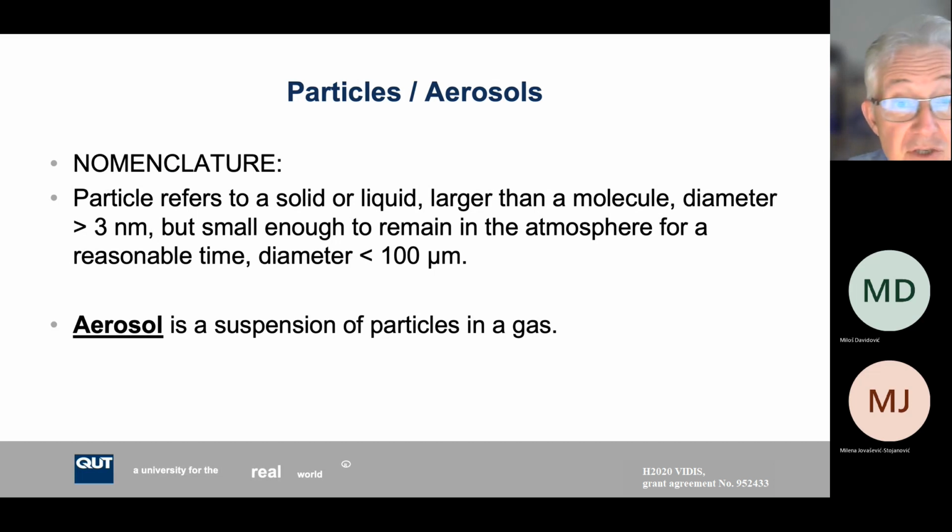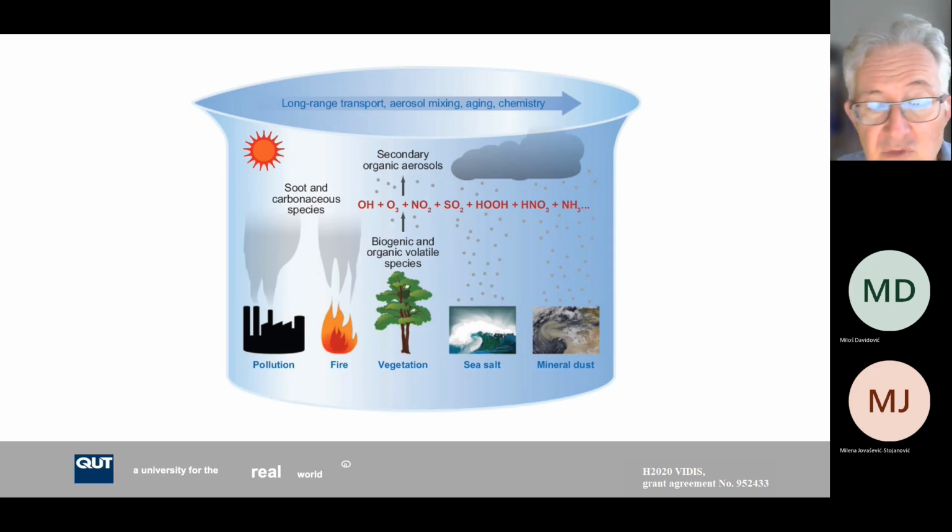An aerosol is actually a suspension of these particles in a gas, so not in a liquid, but in a gas. Where do they come from in the natural atmosphere? Well, the natural atmosphere can be treated like a big chemical reactor. They're mainly produced by pollution sources, combustion, and the typical particles that come out are soot or carbonaceous particles.